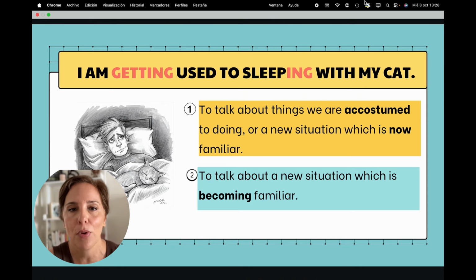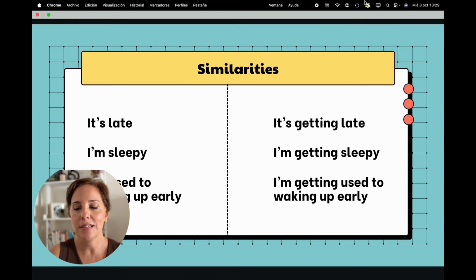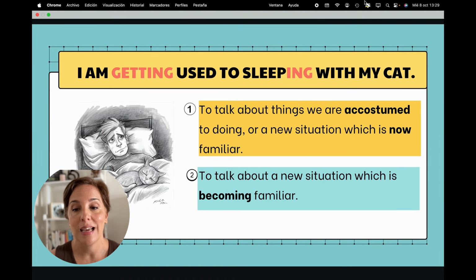It's still in progress. Do you think the man has a successful result or is it still in progress? The answer is that it's still becoming familiar. He's not accustomed to it. He's in progress. That's why we need to say, I am getting used to sleeping with my cat, but I'm still not there.